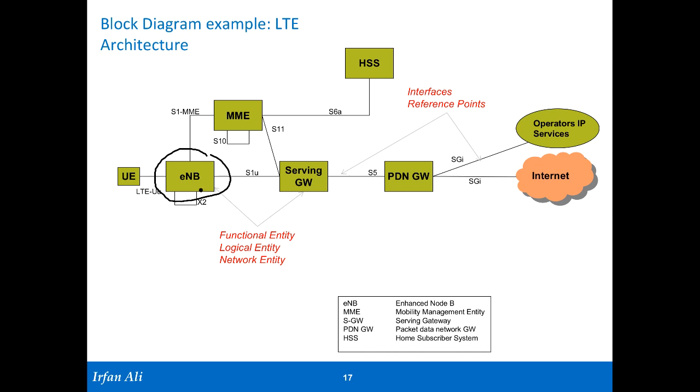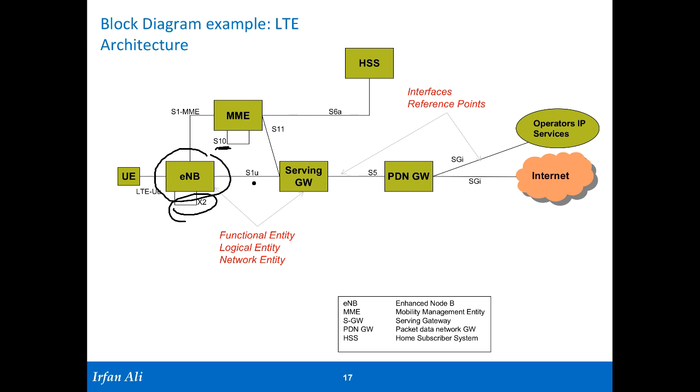The number of these base stations that are there is not shown in this architecture diagram. What is shown is that you could have an interface between two E-Node Bs, and that's called the X2 interface. And we saw that you could also have an interface between two MMEs, and that's the S10 interface. So you do see this kind of a line drawn back to the same node itself, and that is specifying an interface between two of these instantiations of your mobility management entity.